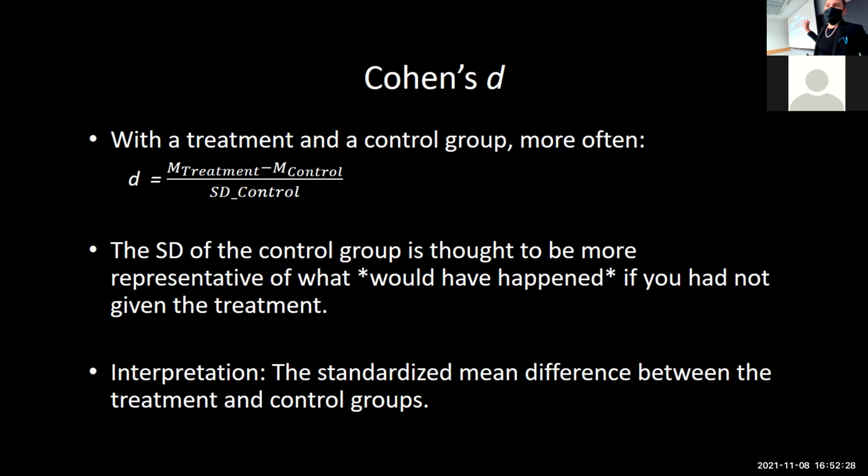The standard deviation of the control group is more representative of people as they just are, whereas the standard deviation in your treatment group could potentially be either smaller or larger than you might find ordinarily. And you interpret this as the standardized mean difference between the treatment group and the control group.